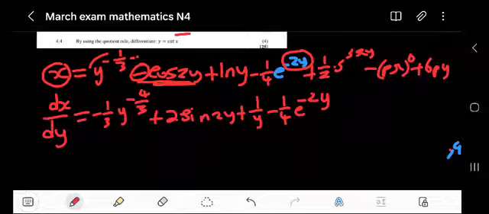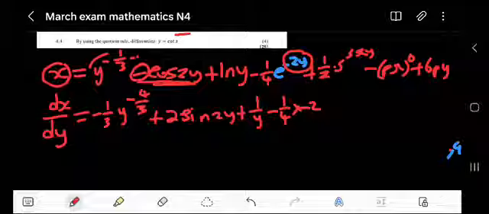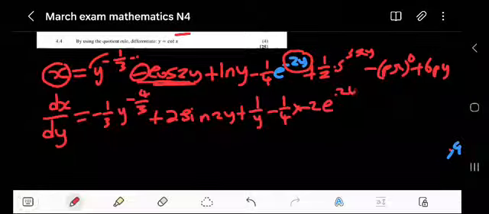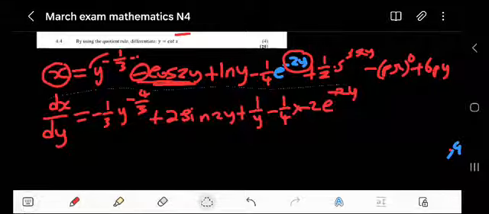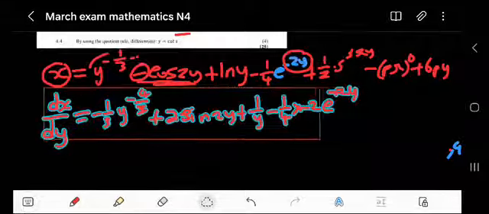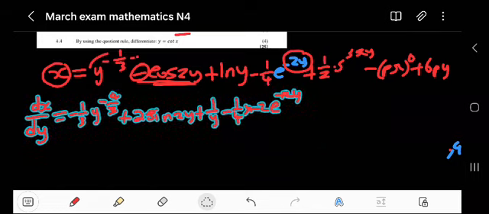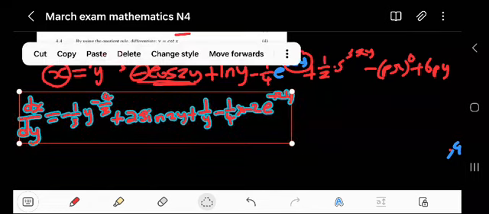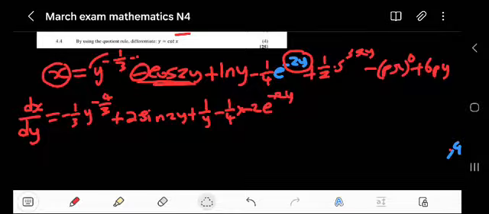The derivative of this will be multiplied by negative 2, then e to the minus 2y. That is what we have there. Let me reduce this a bit. So we have negative 2y.